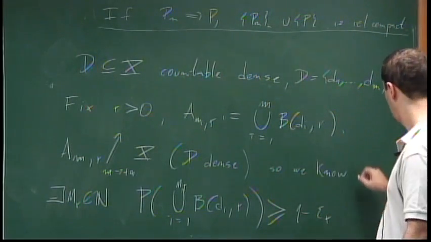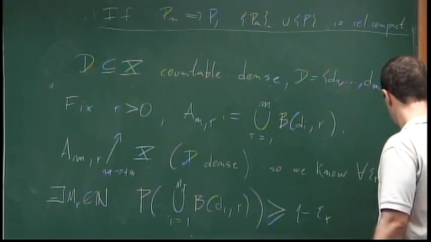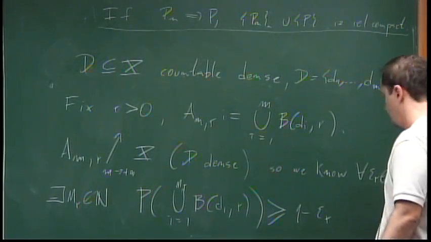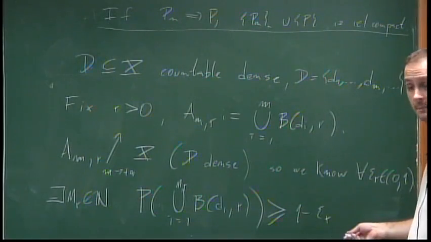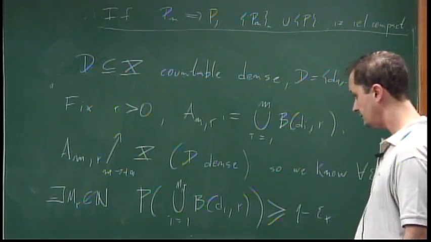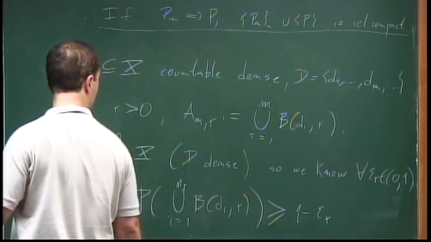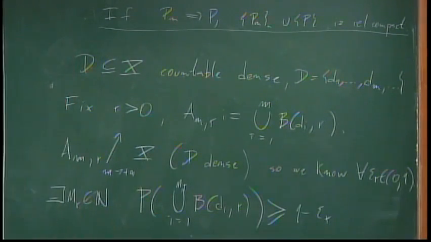Okay, so we have this. Now we're in a good situation where we have open sets, and we can use the weak convergence to do things with open sets that go the right way.